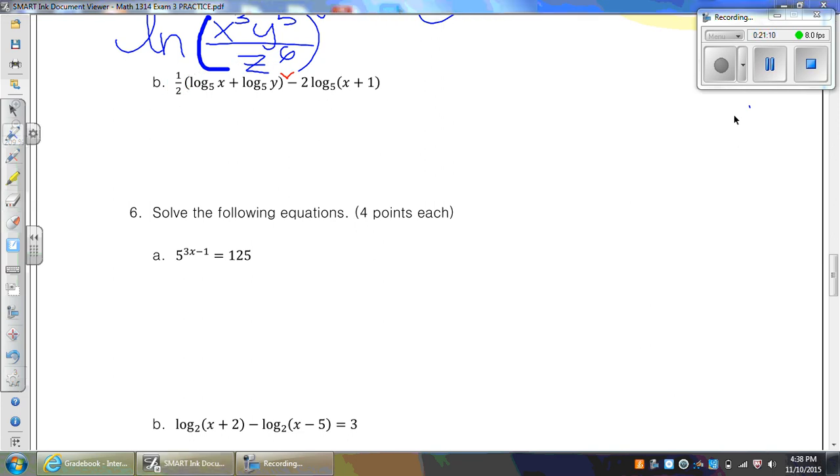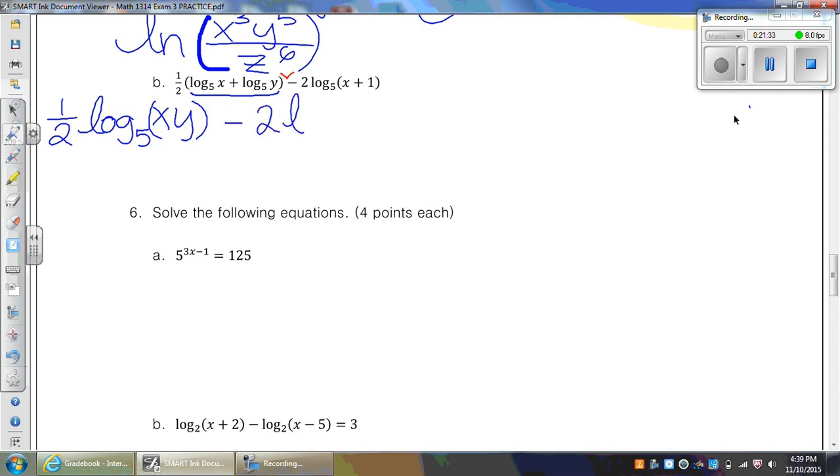Let's go ahead and condense this part first. So it will be 1/2 times the log of what? The sum of a log condenses into the log of a product. So the log base 5 of xy, minus 2 log base 5. Could I condense this?